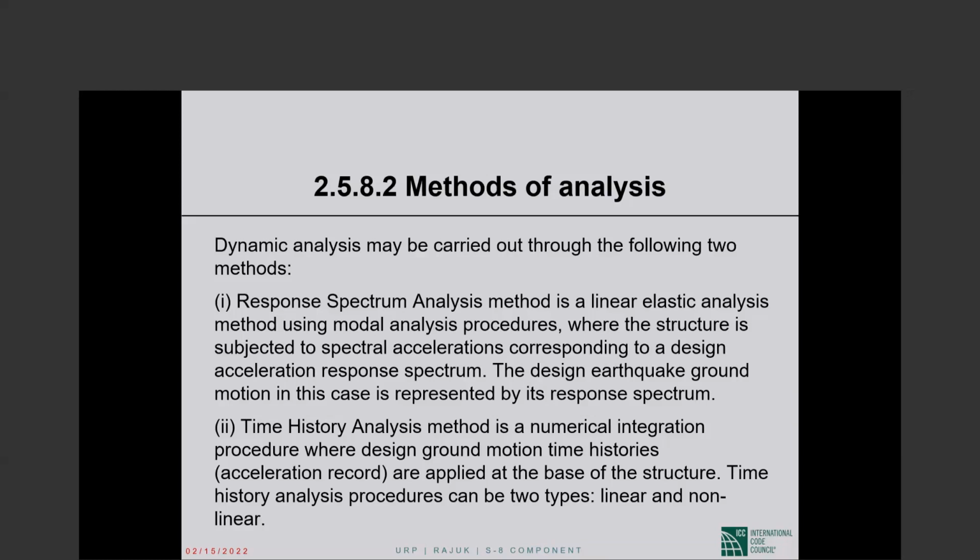Time history analysis is where we impart actual recorded earthquake ground motion, or artificially generated ground motion at times, to the base of our structure. When we say impart ground motion, it is typically in the form of acceleration history. We input pairs of time and acceleration.